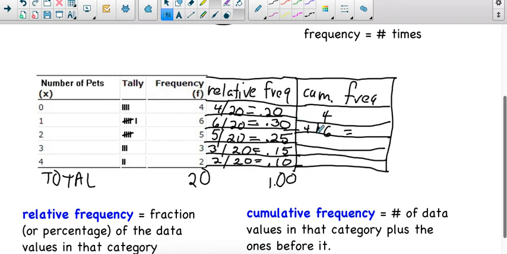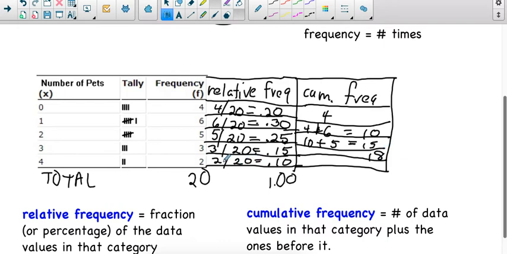4 plus 6 is 10. 10 plus 5 is 15. Again, I'm just getting a cumulative, sort of like a running total here. And then 15 plus 3 is going to be 18.